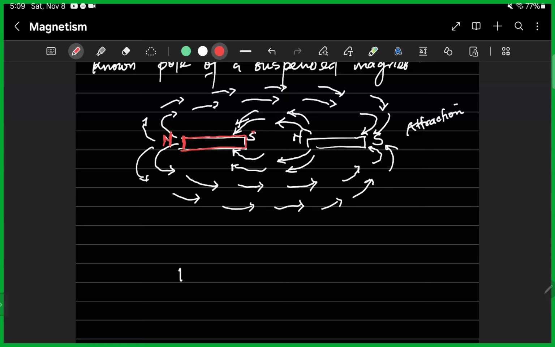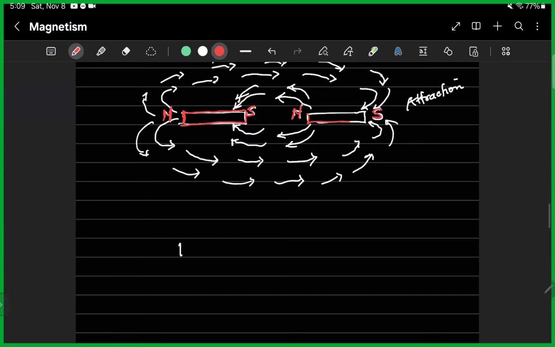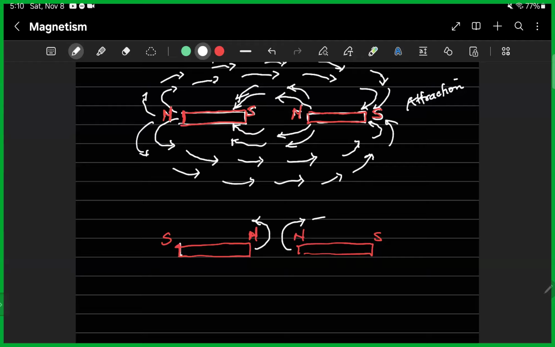What if we place them such that north and north are facing each other? Stuff is going to come out of north and go back to enter south.